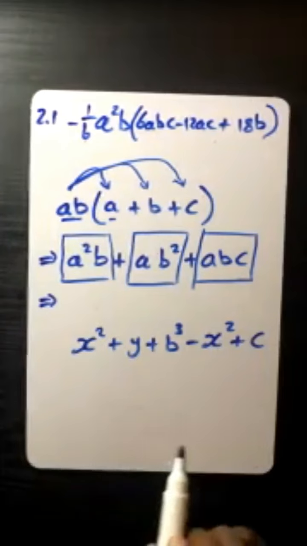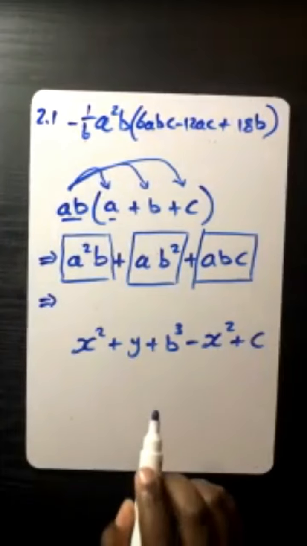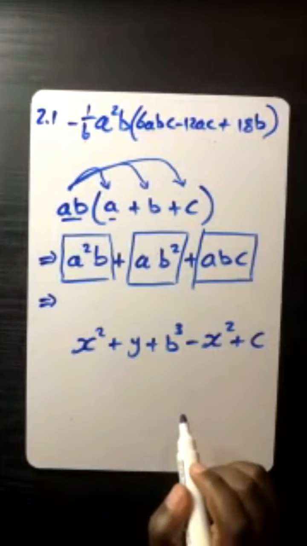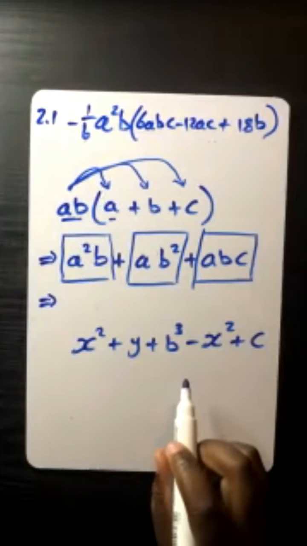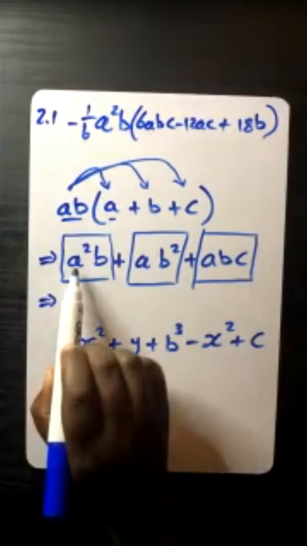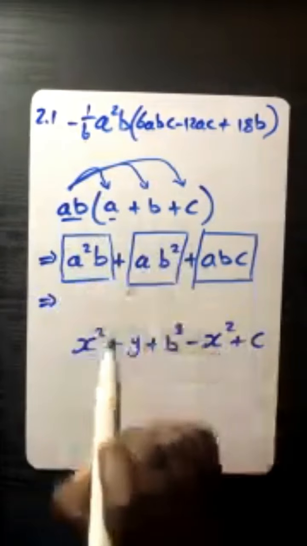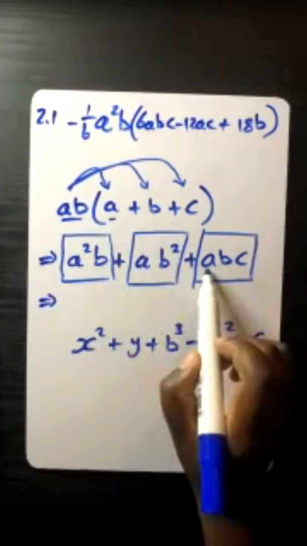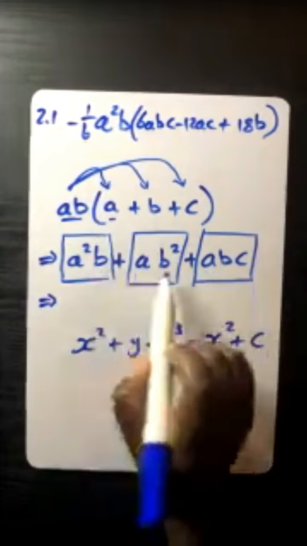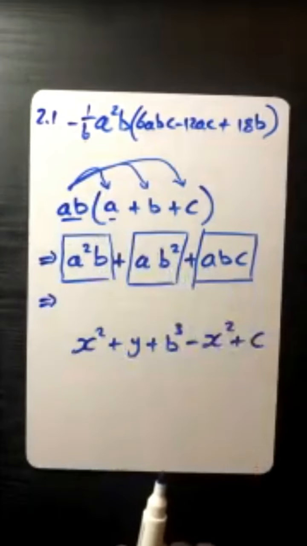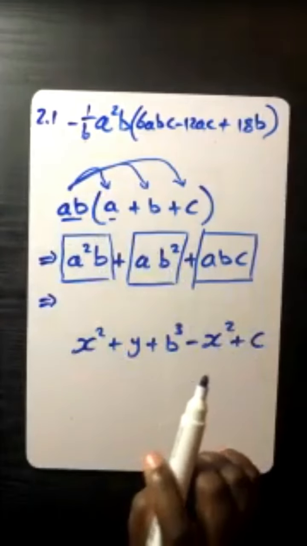So I'm going to identify the like terms. When we talk about the like terms, Shreyas, we are not talking about using A in that term, using A also in that term, and also seeing B in that term, or maybe B there, B there, B there. Those are not the like terms. Ne?